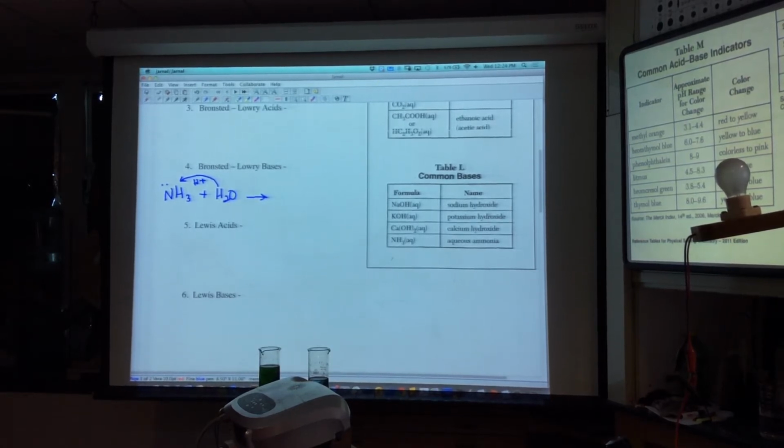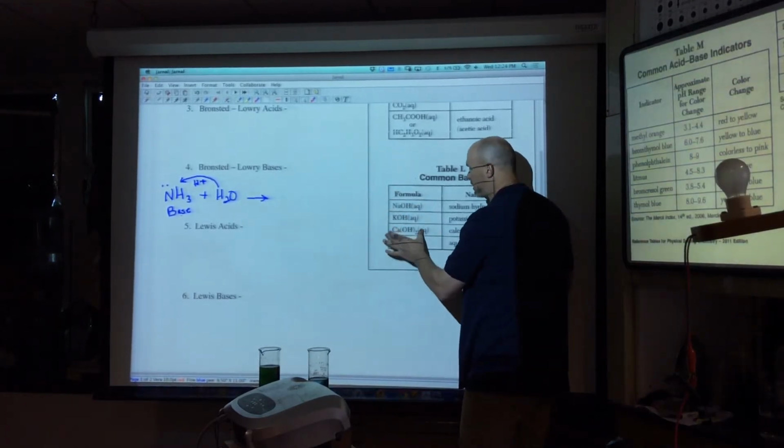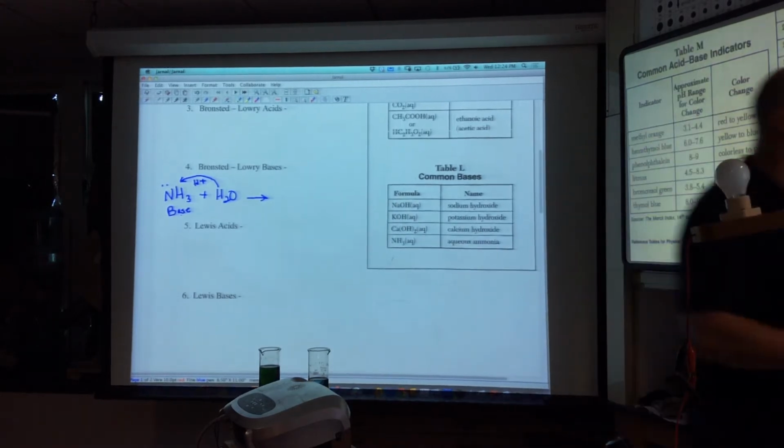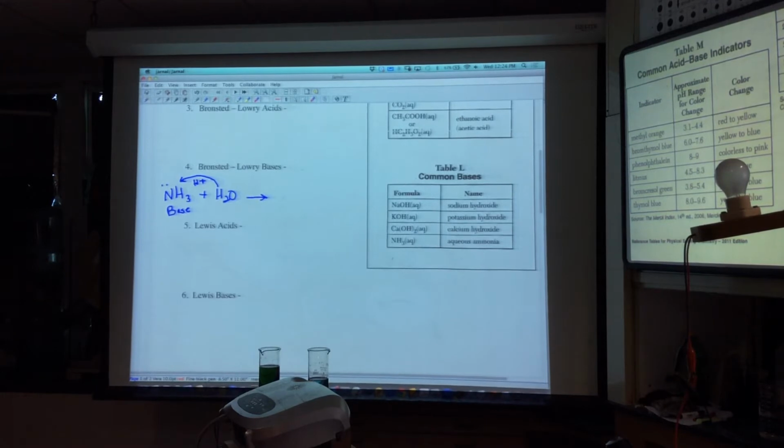the proton. So it's a base, and it's a better definition because it includes all of the Arrhenius base definitions and those that don't fit. So in a Bronsted-Lowry base, to be a base, you are a proton acceptor, an H plus acceptor.